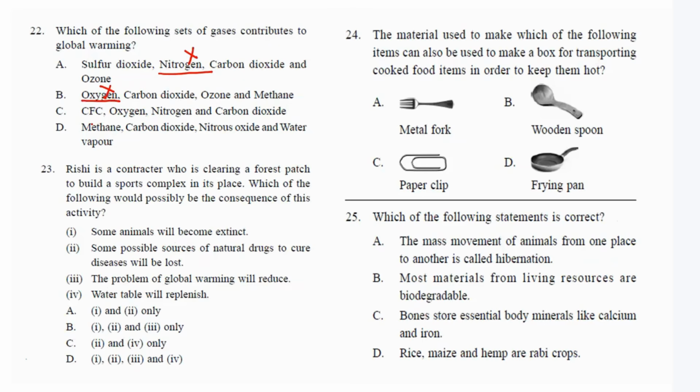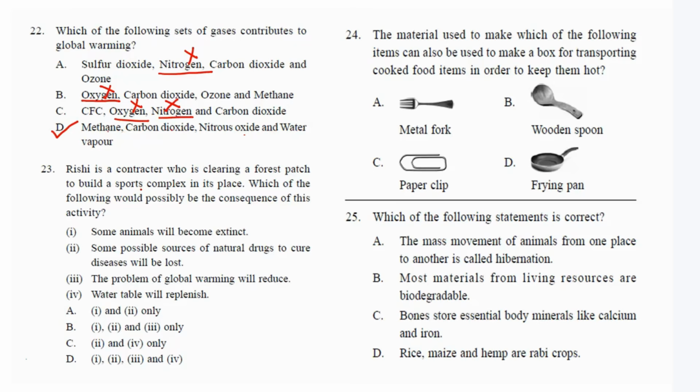CFC, chlorofluorocarbon, oxygen, nitrogen, and carbon dioxide: oxygen and nitrogen do not contribute to global warming. Coming to option number D, methane, carbon dioxide, nitrous oxide, and water vapor. Yes, this is correct, right? All these gases contribute to global warming. So option number D is the correct one.